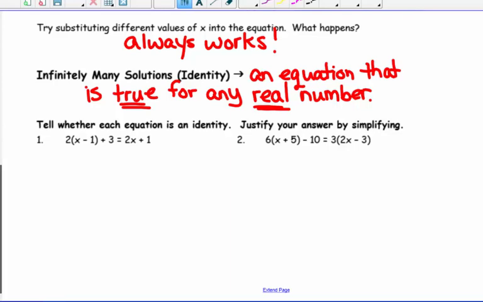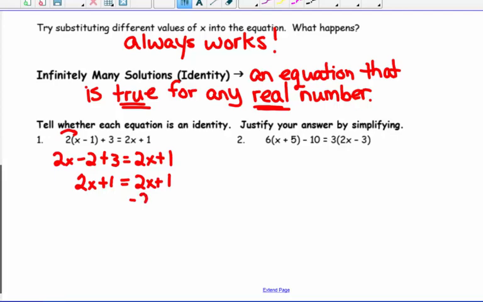And third kind, identity. So 2 times x, 2x, 2 times -1, -2, plus 3 equals 2x plus 1. Well, that -2 plus 3 is going to give me plus 1. We get the same thing on both sides of the equation. When we subtract those two x's, we're going to get 1 equals 1.